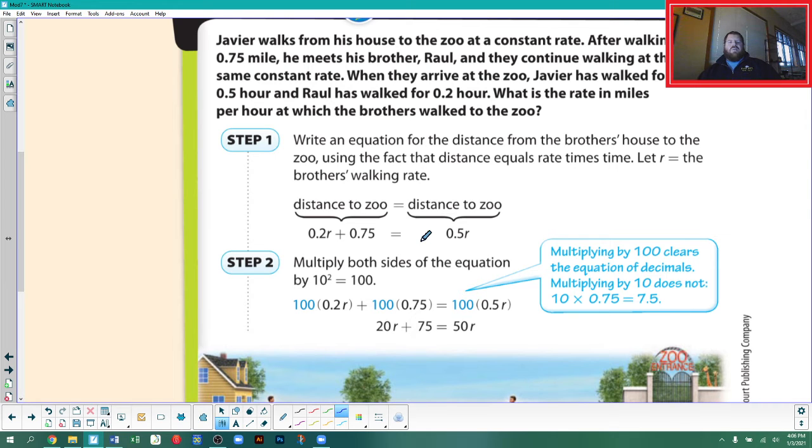So the way we break down this problem is that the distance to the zoo is the same, because we're dealing from their house to the zoo. And so looking at what's going on here, this is actually Raul's side, and this is Javier's side.